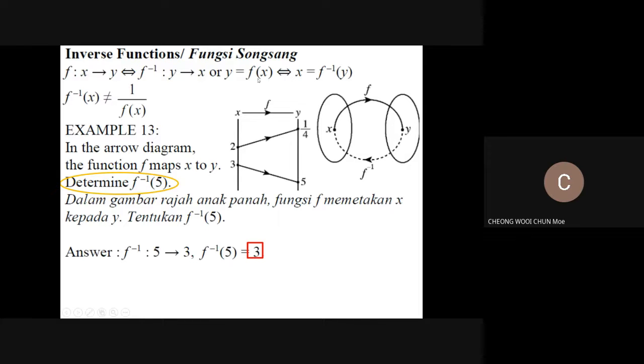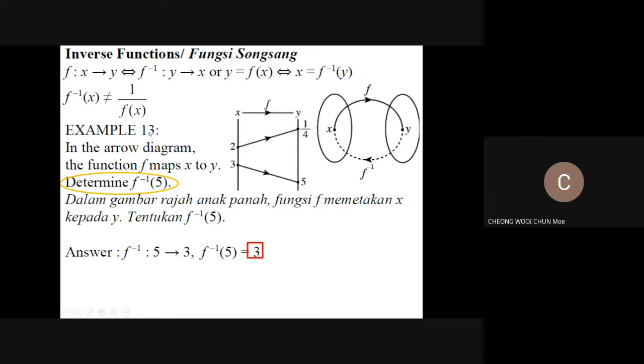So inverse f(x) is not equal to 1 over f(x). The inverse is different from 1 over. This must follow the diagram, not 1 over. That is a matrix, not this one.